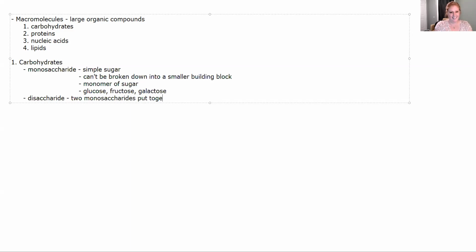Through what type of reaction, guys, would put two monosaccharides together so that they're a pair rather than two separate ones? What type of reaction from the last lecture would do that? If you said dehydration reaction, you're right.